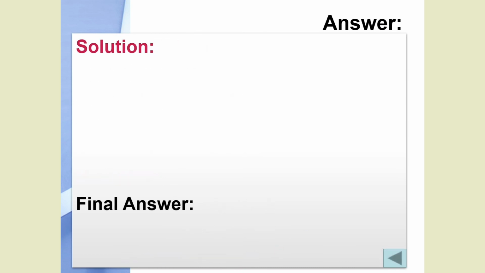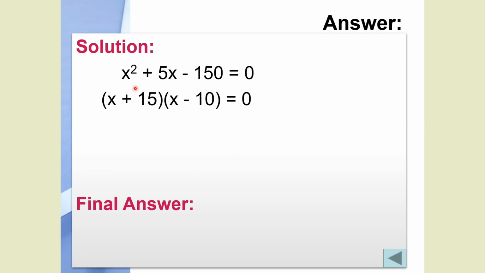Okay, dahil meron na tayong equation, solution, apply natin ang factoring method. So, yung x squared, ang factors ay x times x, while itong negative 150, ang factors niya ay positive 15 at negative 10. Bakit sa 15 ko inilagay yung positive at sa 10 yung negative?